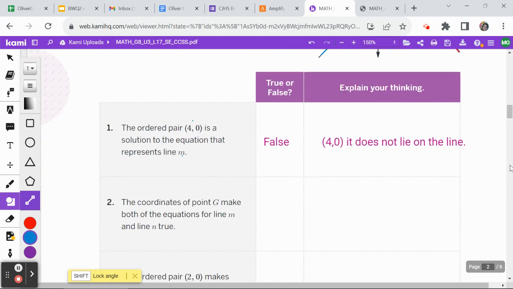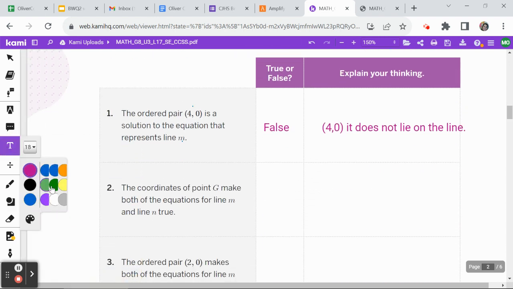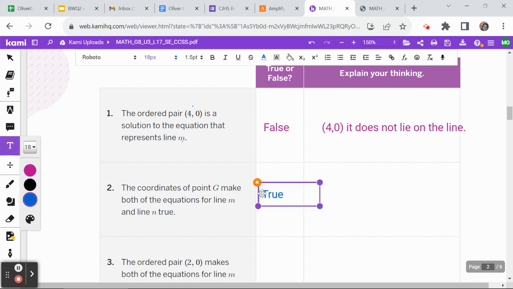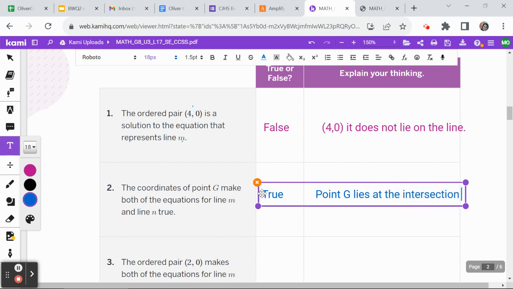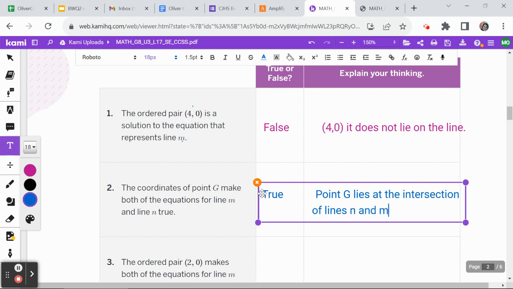So this would be a true statement. Okay, so we'll say true. And our thinking is point G lies at the intersection of lines N and M. Okay. All right.